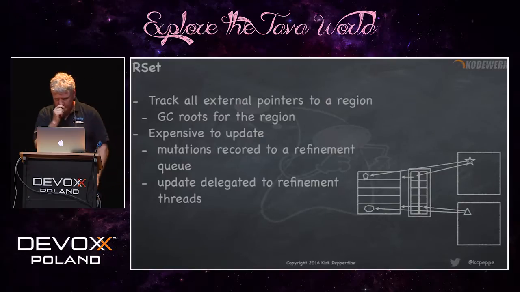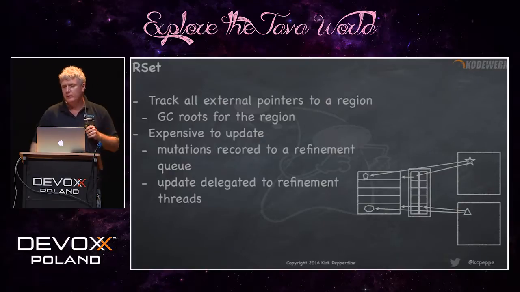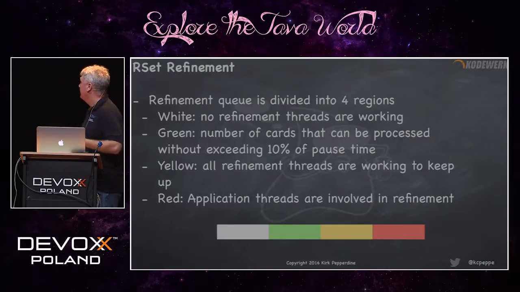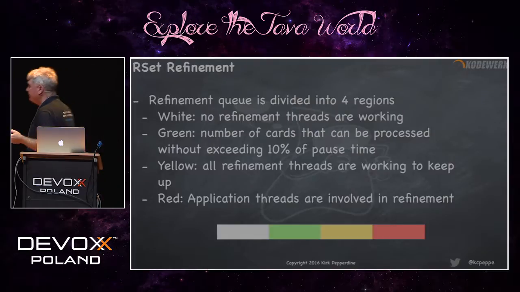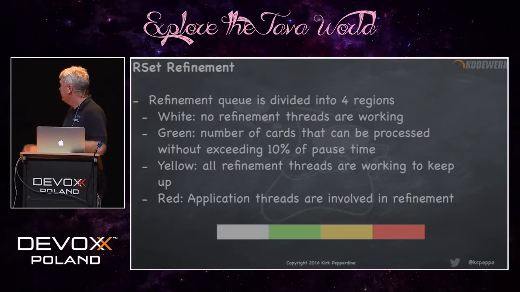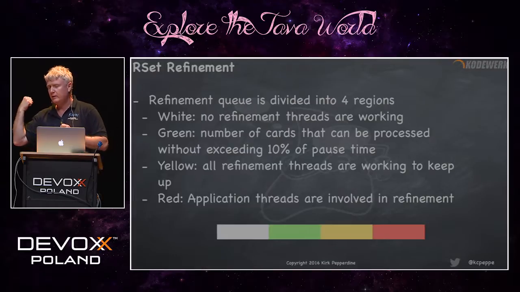But that's the way it is right now. So instead, every time the mutator threads do a mutation where you change the value of one of these pointers, we're going to queue that into an RSet refinement queue. And there's going to be RSet refinement threads that are going to take these pointer values out of the queue and then put them into the RSet proper.